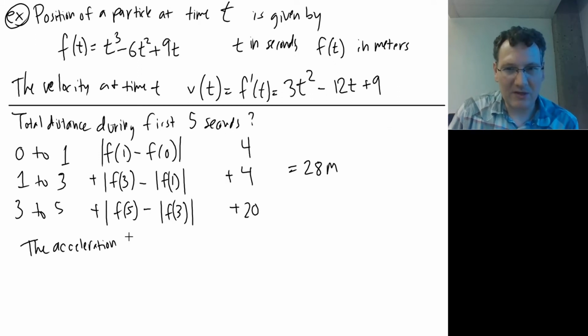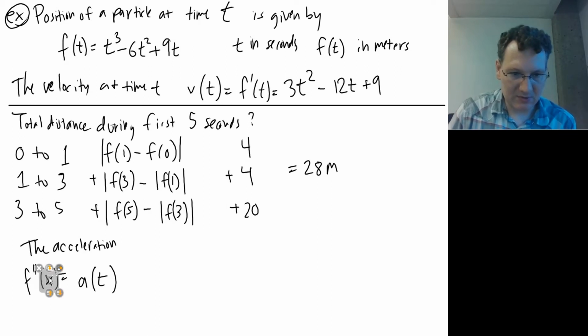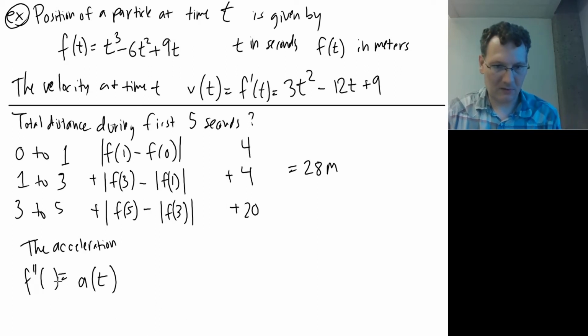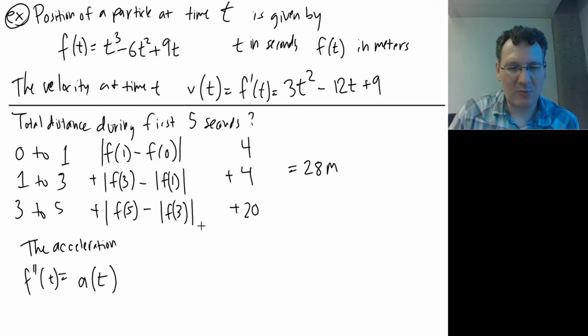If you want to find the acceleration of this particle, that's going to be the second derivative. And we can find that. We can write that as a of t, I should say. We're not using x, we're using t. So f double prime of t. If you take the derivative of the velocity, we're going to get 6t minus 12, right?